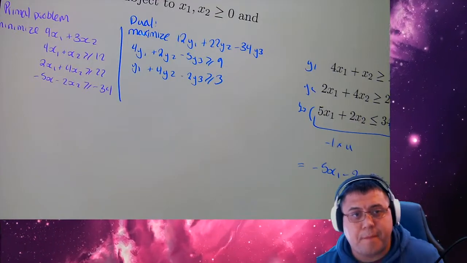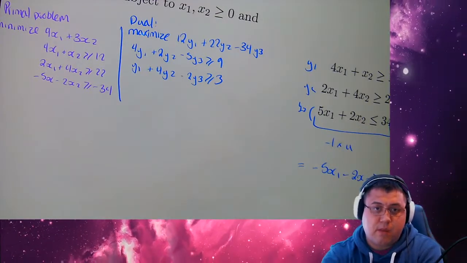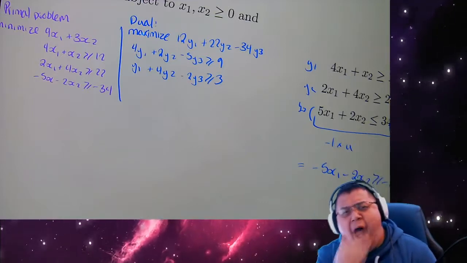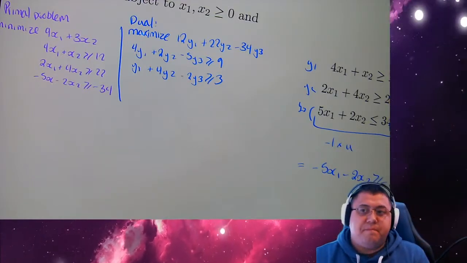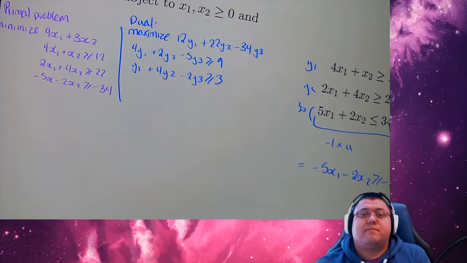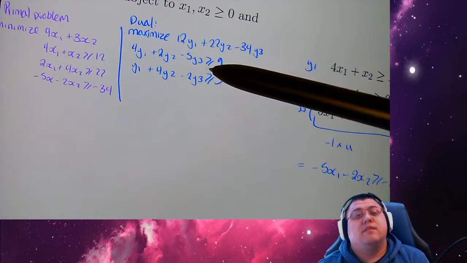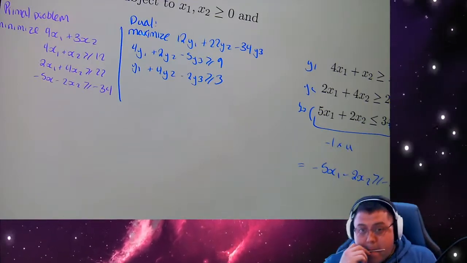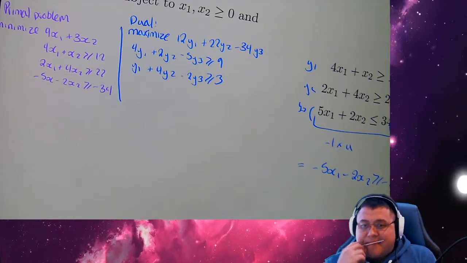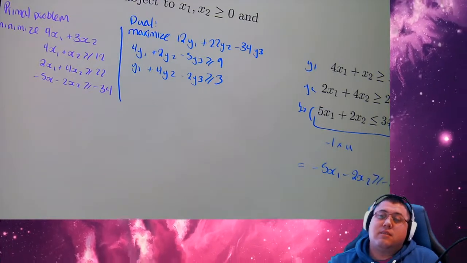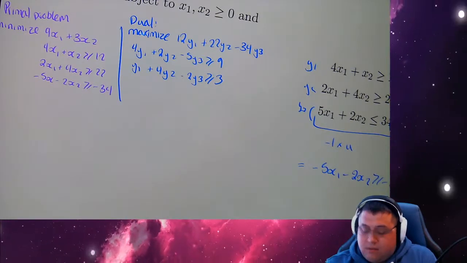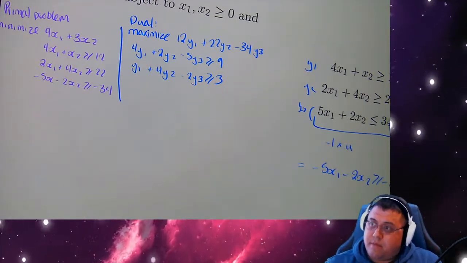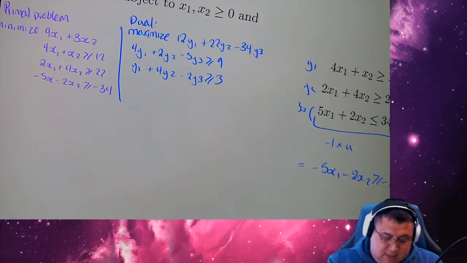So you can add a slack variable before doing the primal problem, and then add it here. That changes things. Now, the dual simplex method is kind of difficult, so let's look it up. Dual simplex.